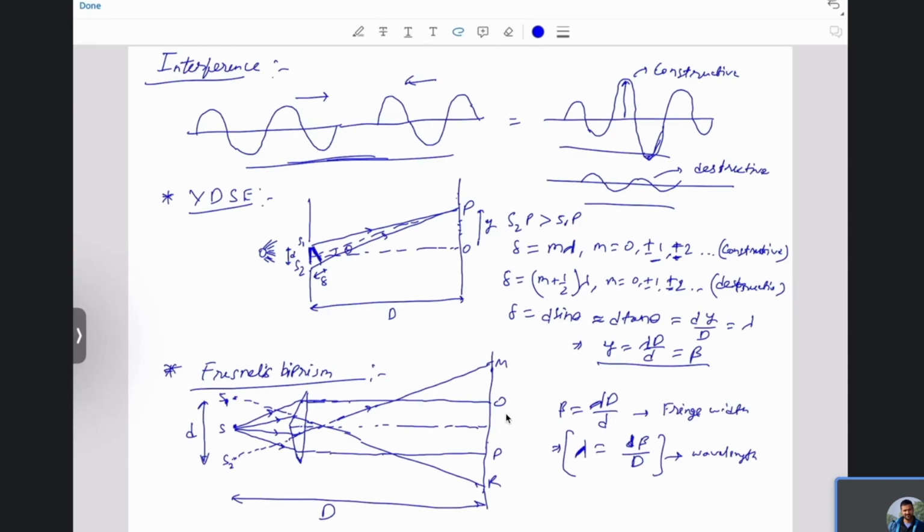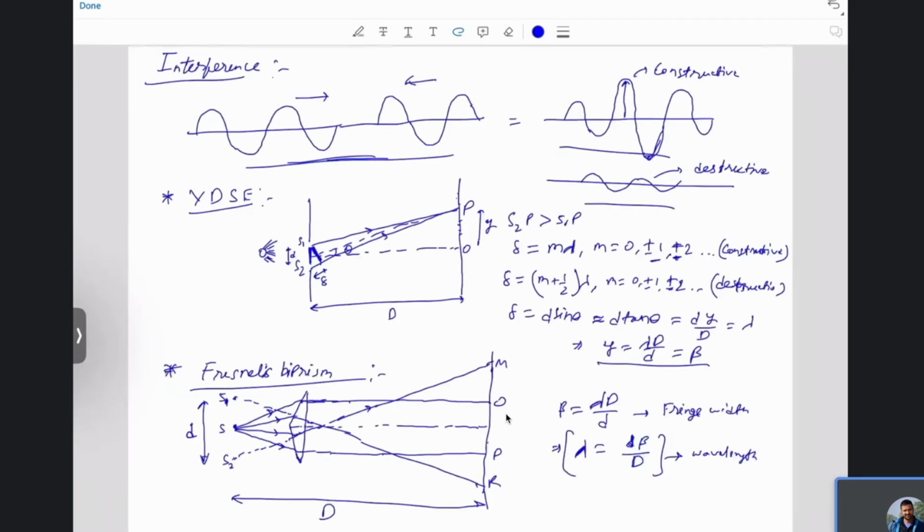Also, one more thing that can be done here is that you can determine the distance d between these two virtual sources by using a convex lens.